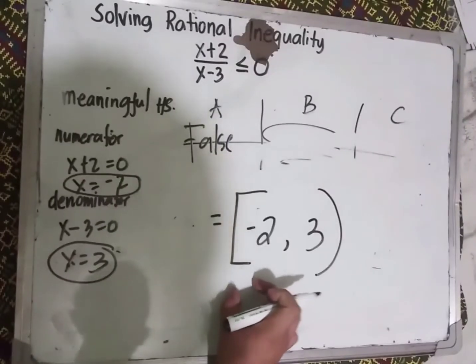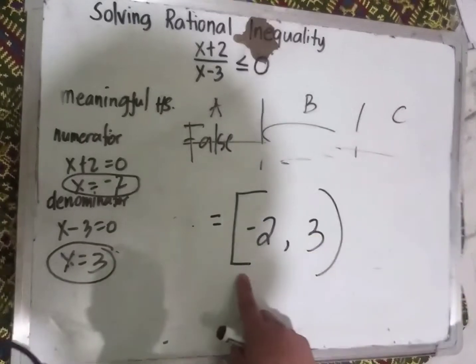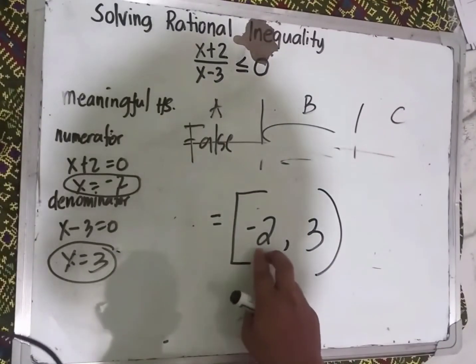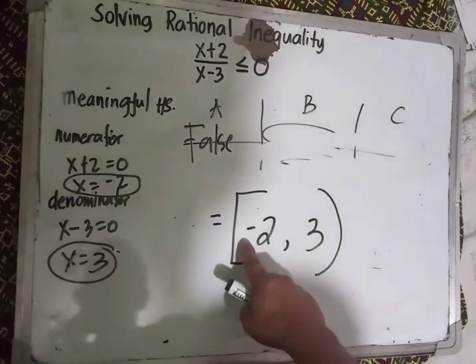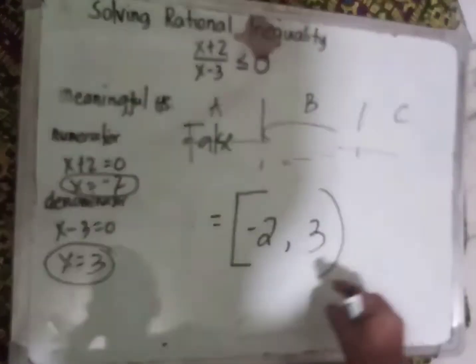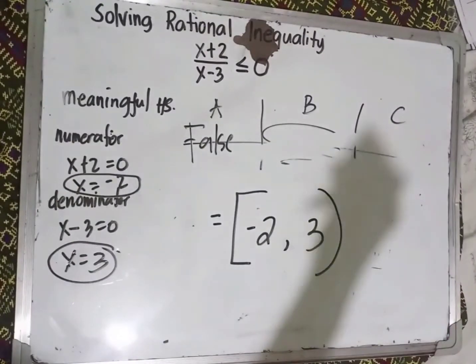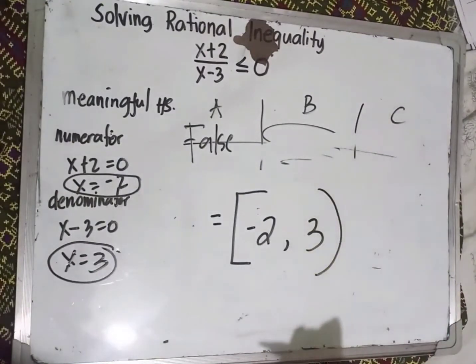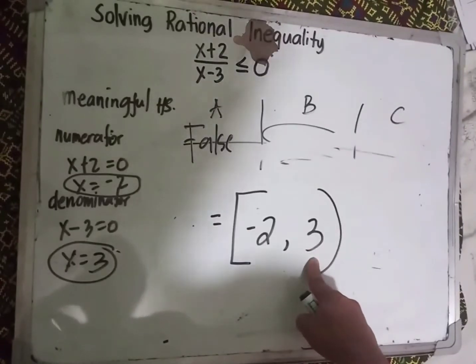Meaning ito yung solusyon natin. Meaning gamit tayo ng bracket pag ang sunod number is part of this solution. So since negative 2 is part of the solution, we will use bracket, and parenthesis if they are not part of this solution, but still it is a meaningful number.